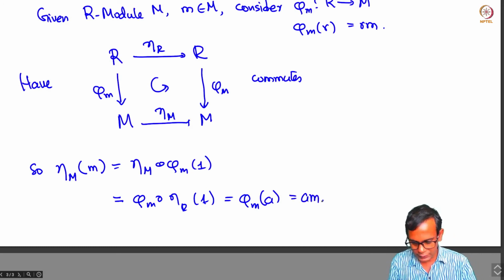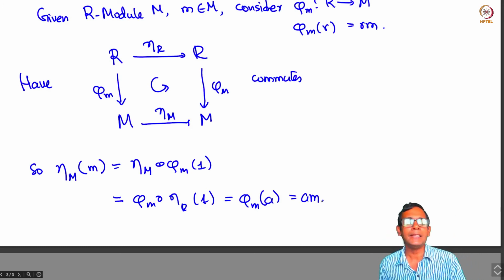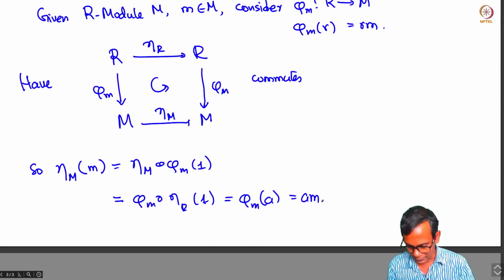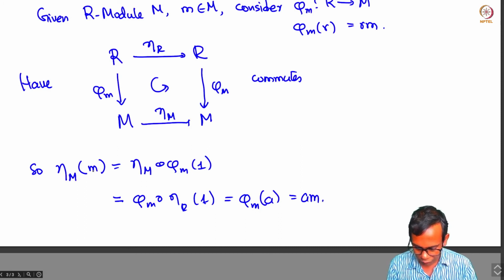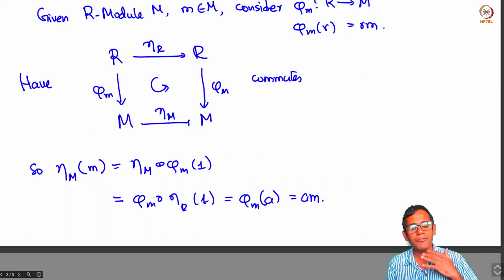So as before, we see that eta is completely determined by this element a. So eta_M of m is am for every element m of every R module M.